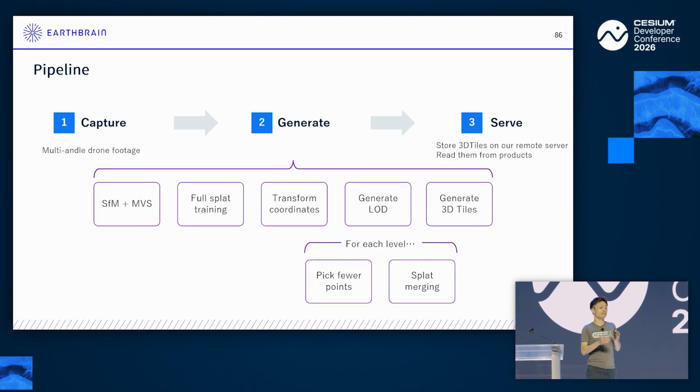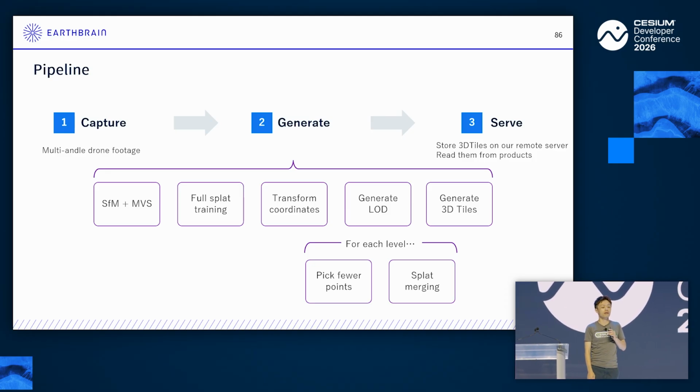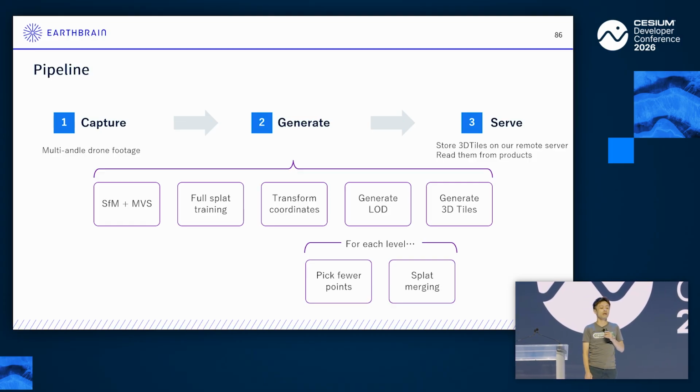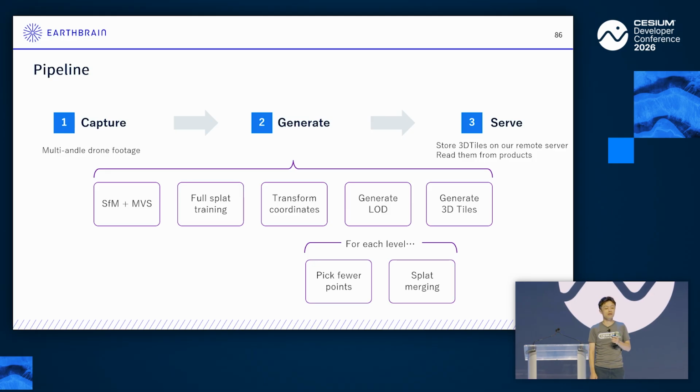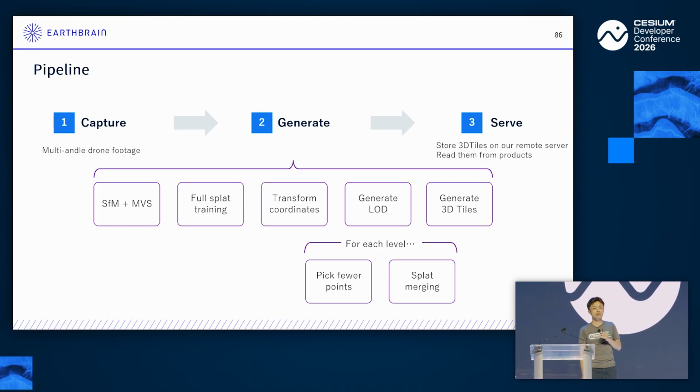And this is our current pipeline. We start from large-angle drone footage, and we input the photos to SfM and MVS engines, and then go through splat training, then transform coordinates to fit CesiumJS, and then generate LODs one by one.